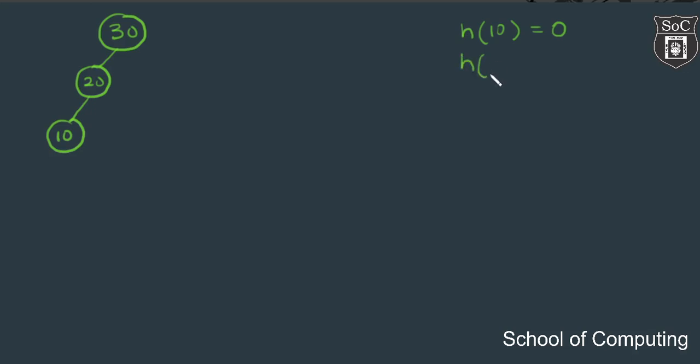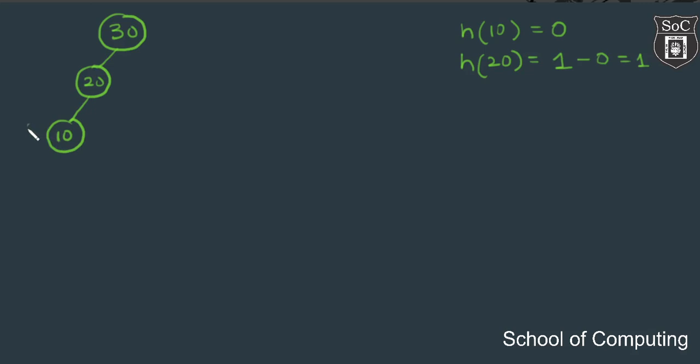Height at 20. What is the height at 20? It has one left child and no right child at all. So it is left minus right. Left side it is 1, right side it is 0. So height at 20 is 1.